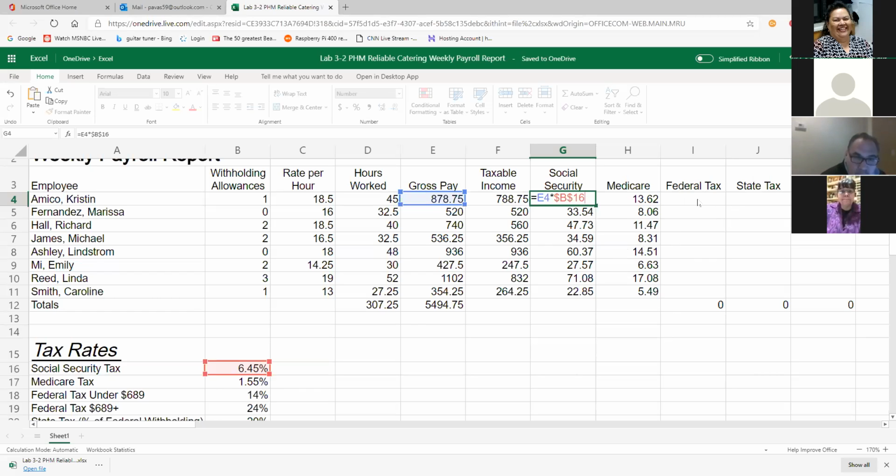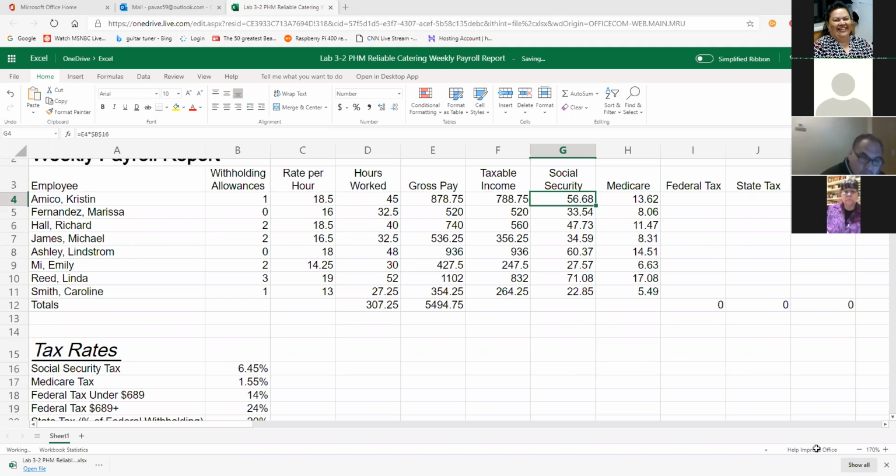So the formula can help us figure that out. So it says use the IF function to calculate the federal tax.